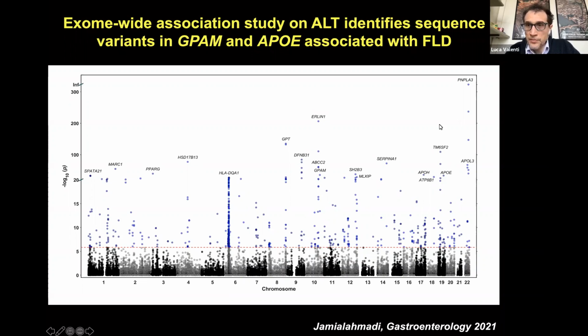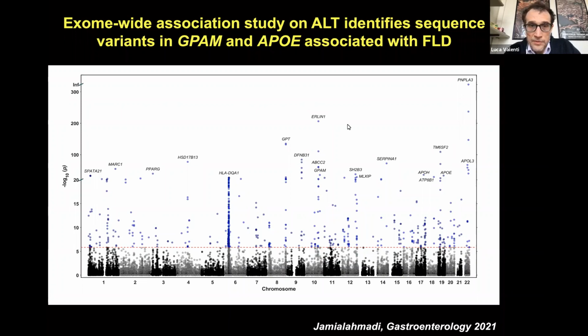So here the remarkable finding was that we confirmed as the main determinants of ALT levels in the population what was already known: variants in PNPLA3, for example, and TM6SF2, which are the main genetic risk factors for fatty liver disease.